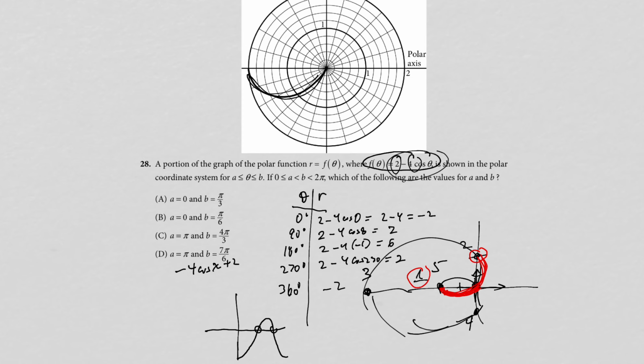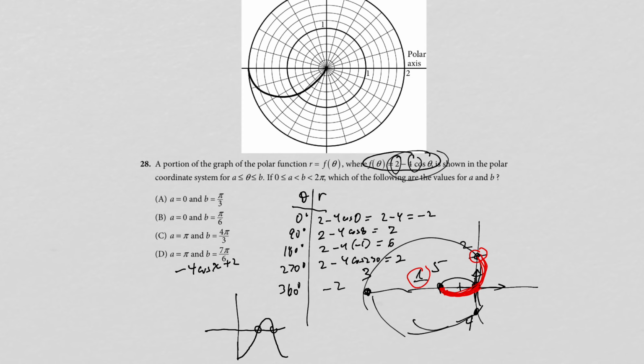Which of the following is the value of A and B? So they're asking for this portion, 0 to pi. Oh, it might just be 30 degrees. Yeah, I think so. Let me look at this thing again. This question is particularly confusing.